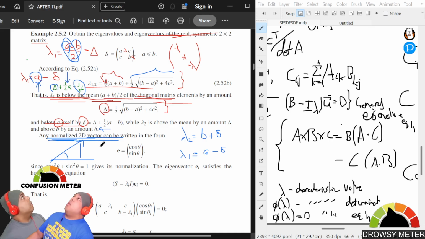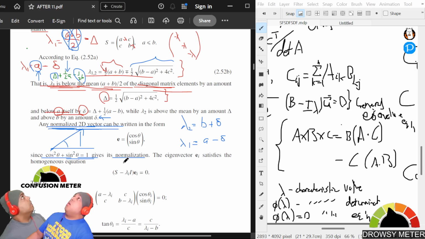I think so, since cos squared theta plus sine squared theta equals 1 gives its normalization. I guess let me Google that before I get lost. What is a normalized vector? A vector that's been scaled to have a length of 1, but still points in the same direction.